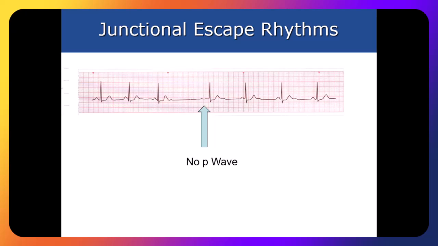Because we can have ventricular escape rhythms as well. What is happening? Let me back up. What is not happening that would cause this to be identified as an escape rhythm? Say it again. Tell me a little bit more.